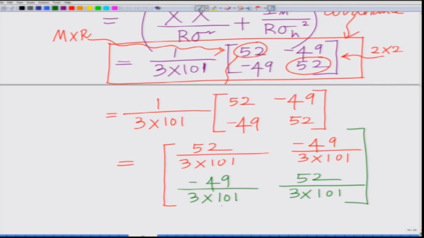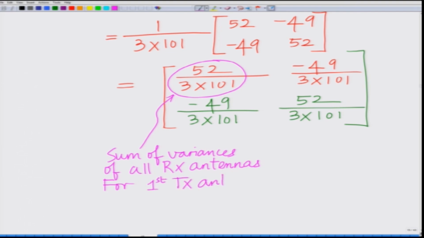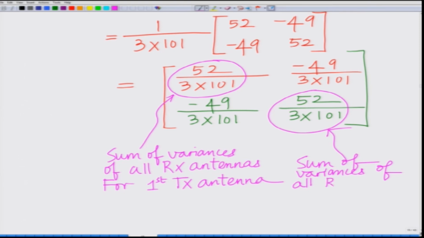This 52 over 3 is the sum of variances of all receive antennas for the first transmit antenna, and this is the sum of variances of all RX antennas on the second transmit antenna. All right, so that is what we have.